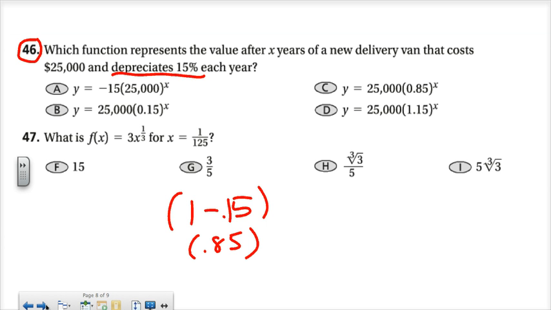And then of course, we'd look and see, hey, there's 3 of them that have the 25,000 to start with, but this is the only one that's going to give us that depreciation of 15% because it's keeping 85% of its value. So you can kind of reason your way through that one.